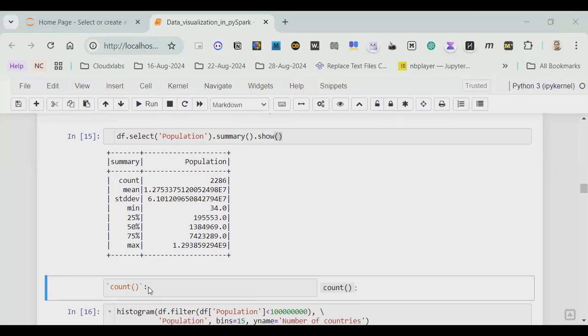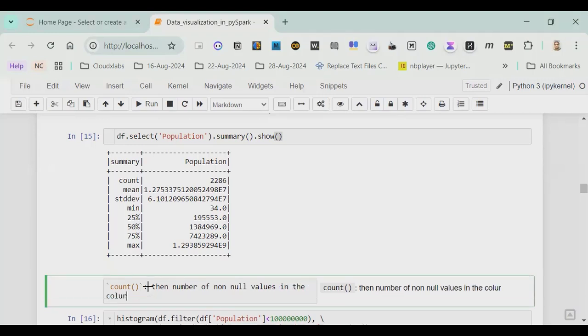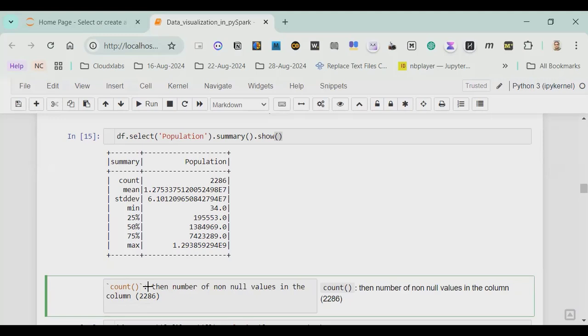This is nothing but the number of non-null values in the column, here 2286. These are not null values. First thing, that is count.